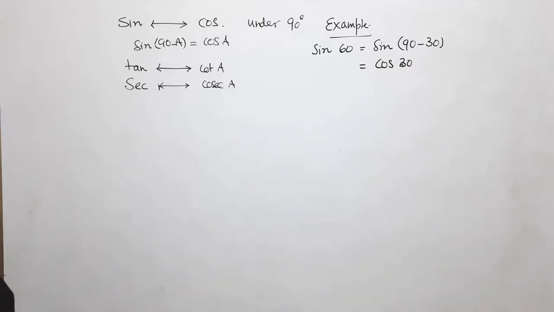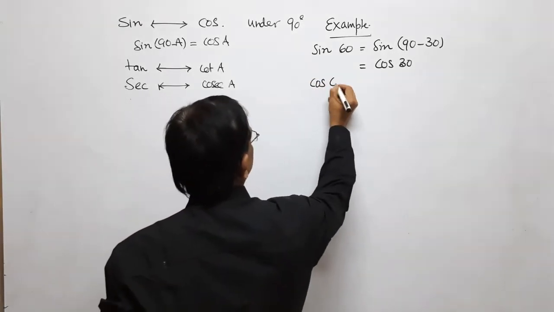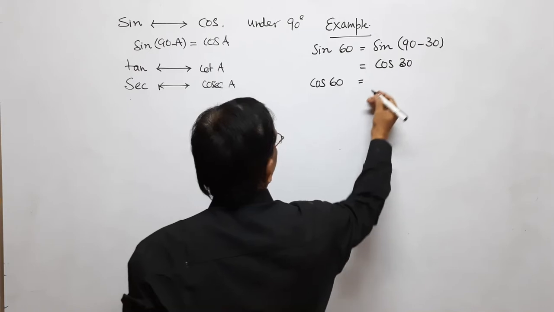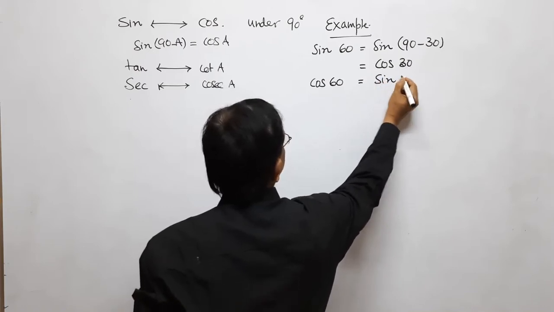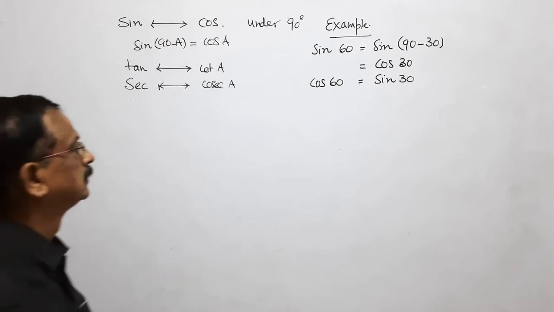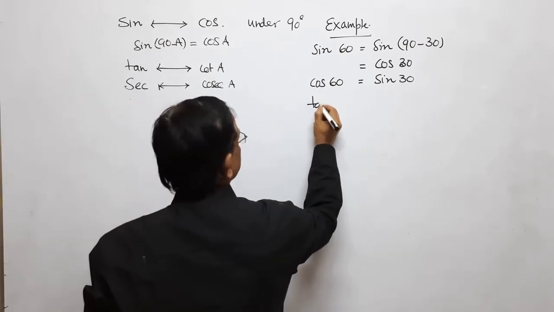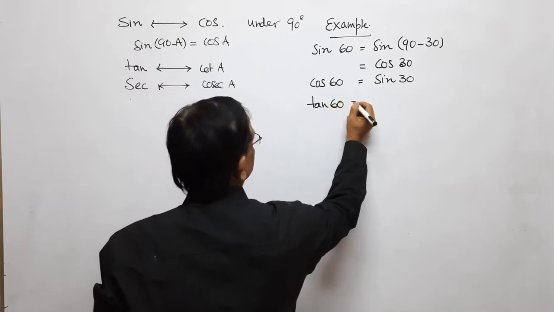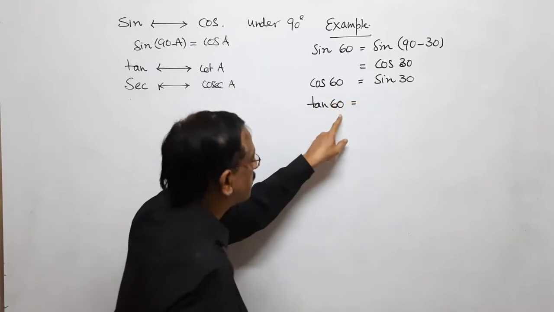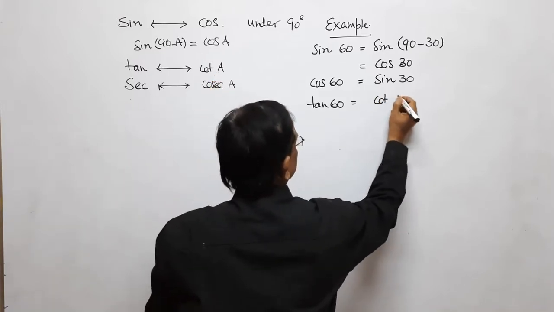So sine 60 is the same as cos 30. Cos 60 becomes sine 30. Sine 60 is cos 30, cos 60 is sine 30. Similarly, tan 60 becomes tan of 90 minus 30, which will become cot 30.